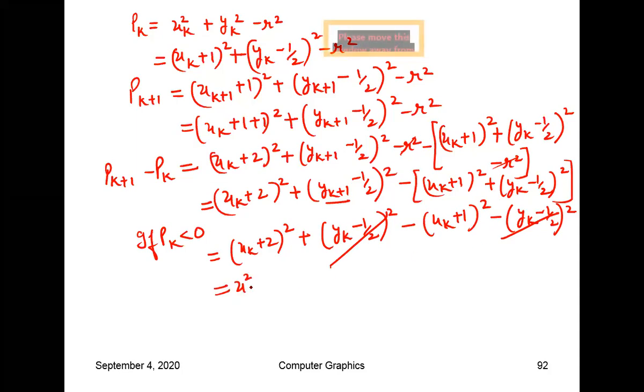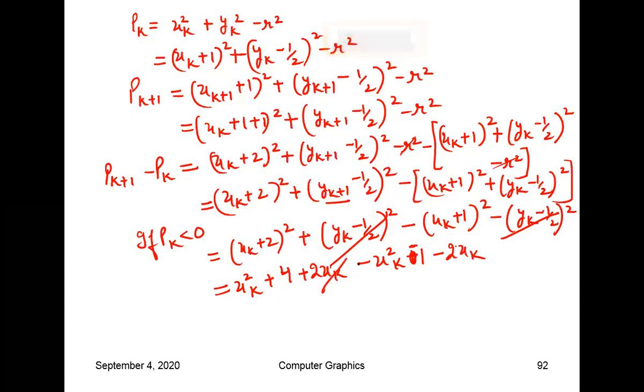So this becomes xk square plus 4 plus 2xk, and this will be minus xk square minus 1, and this will be minus 2xk. So this gets cancelled.